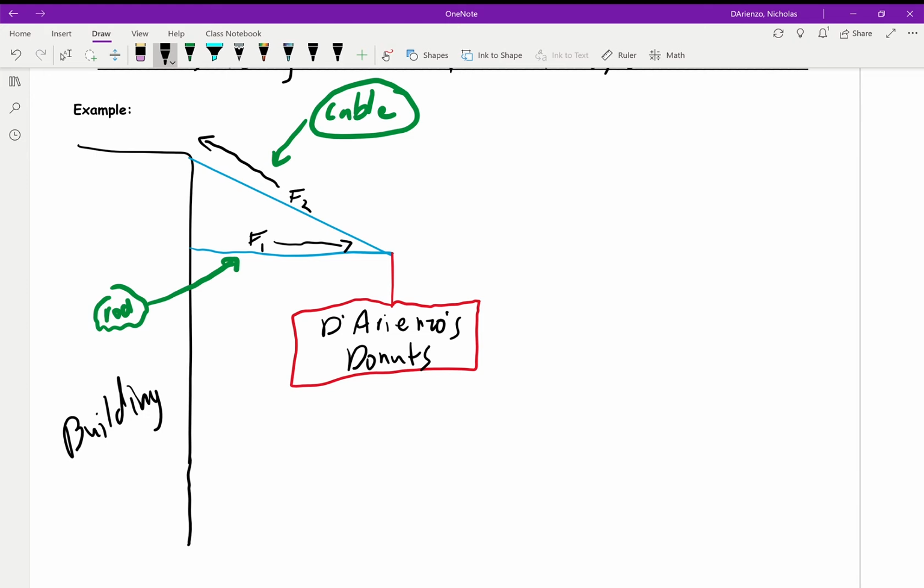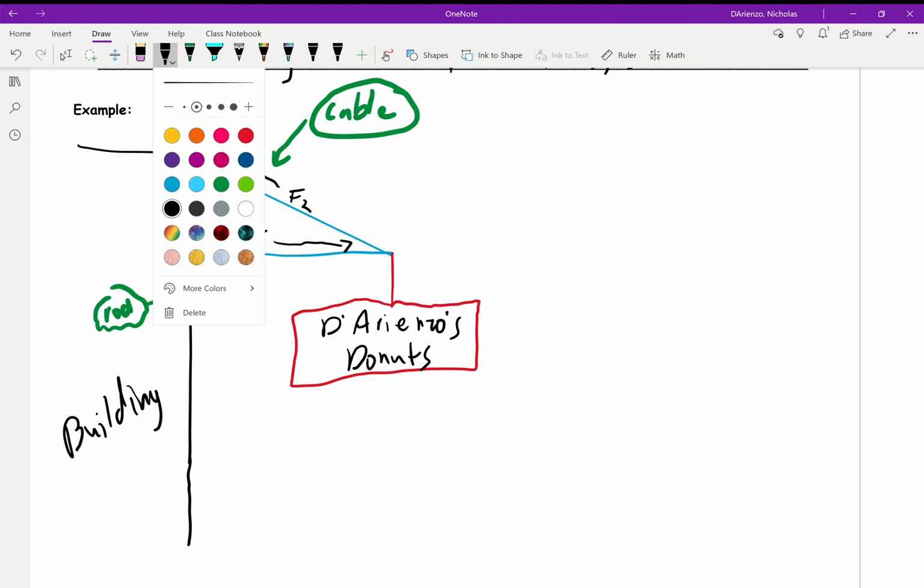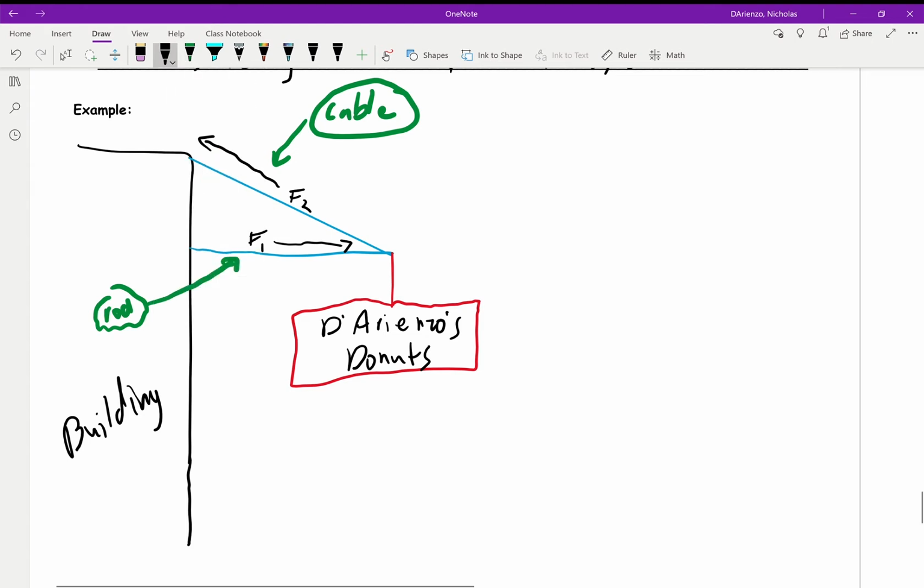Maybe I should have called it DiRienzo's Delicious Donuts for next time. So the sign's being suspended here from the rod and the cable. And there is one force we're missing here, which we'll add in, which is the weight of the sign, which we also call F sub G.